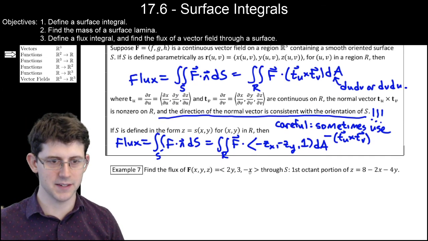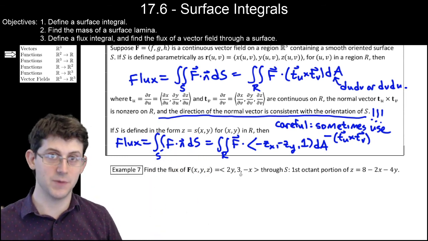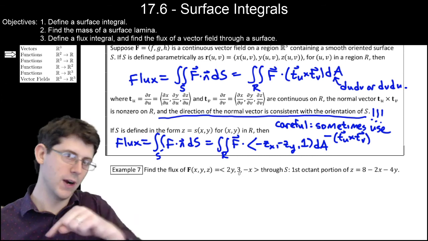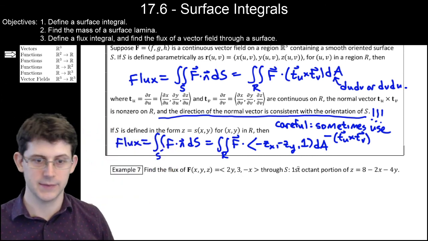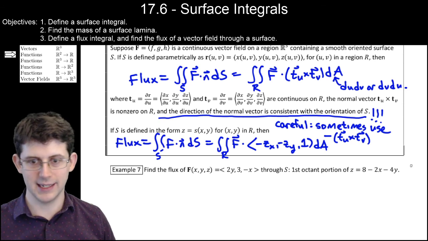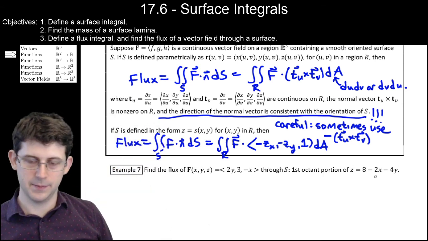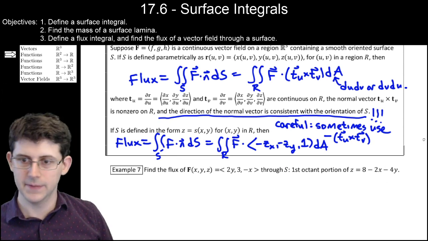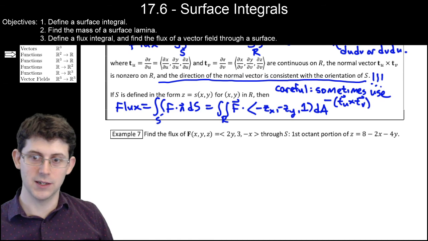So here's my vector field. This is the wind that's blowing around. It's constantly blowing in the positive y direction, but depending on where you are, there's different x and z components. Our sail, our surface in the sky here, is going to be a triangular part of a plane. So can I solve this for z should be your question.